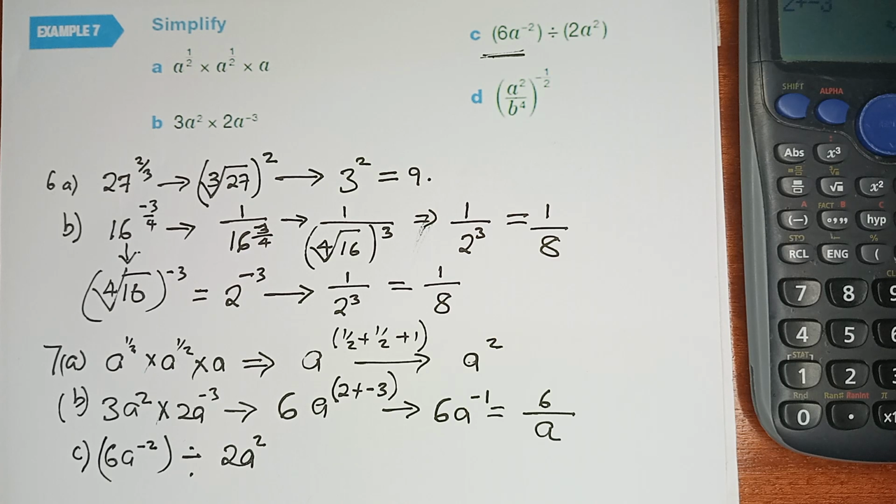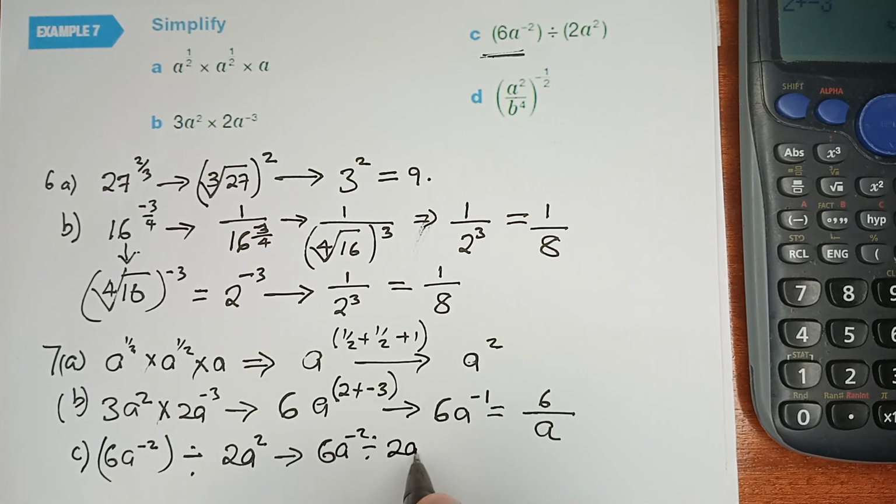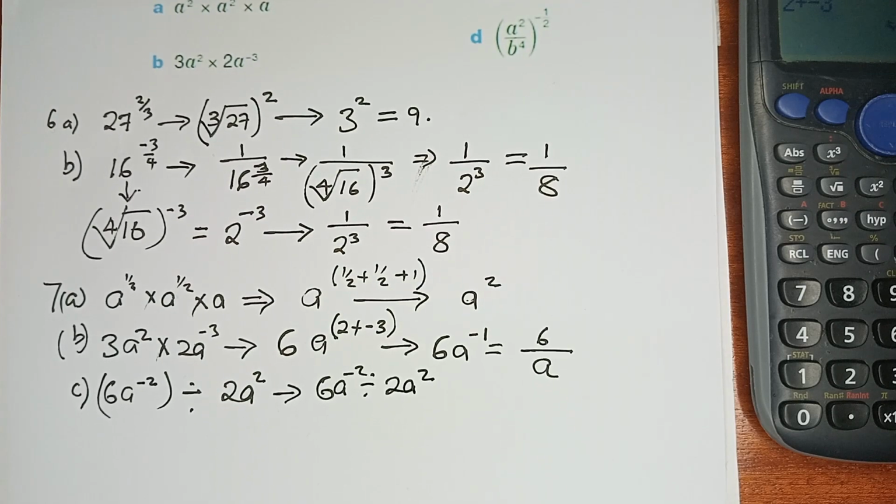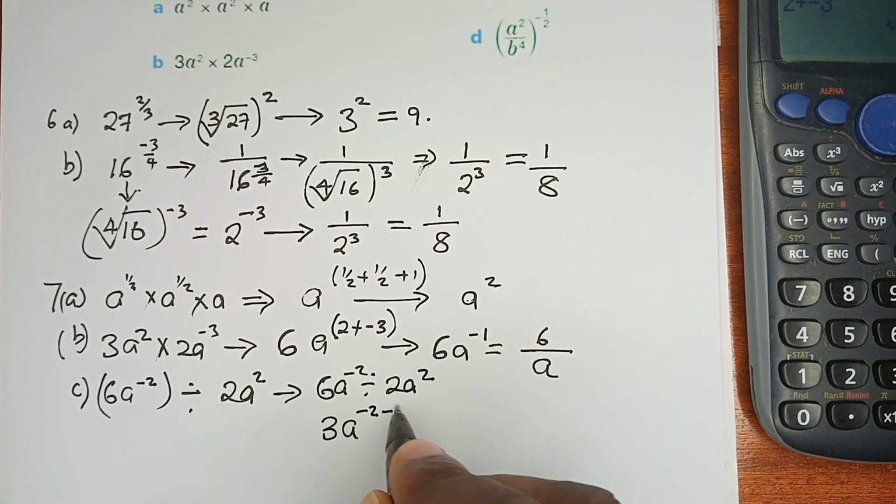Okay, let's see. This bracket does not really make sense here, because there would have been a power outside the bracket. That power is supposed to be affecting 6 as well, but there is no power, it's just 1. So we can rewrite the whole thing as 6a raised to power minus 2 divided by 2a squared. And again, for the whole numbers, 6 divided by 2 is 3. Then a raised to power minus 2 minus 2.